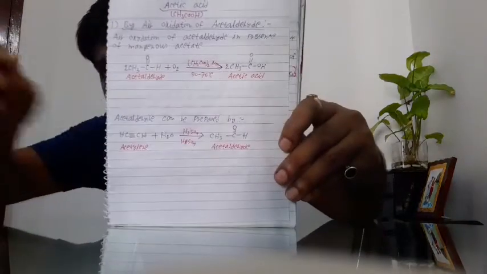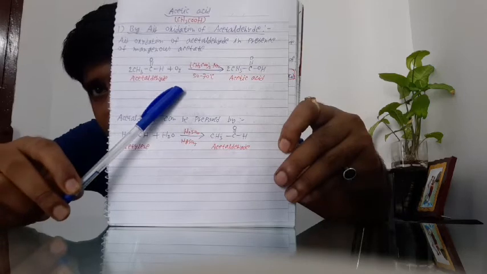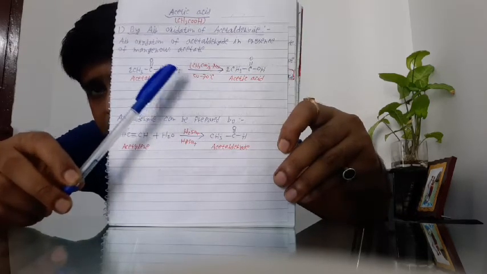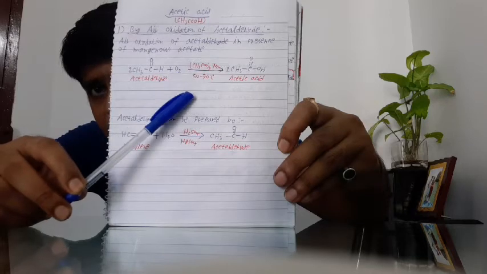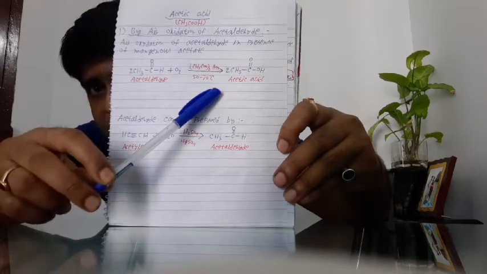What is the chemical reaction? See here: acetaldehyde, by air oxidation in the presence of manganese acetate as catalyst at 50 to 70 degrees Celsius, is converted to acetic acid.